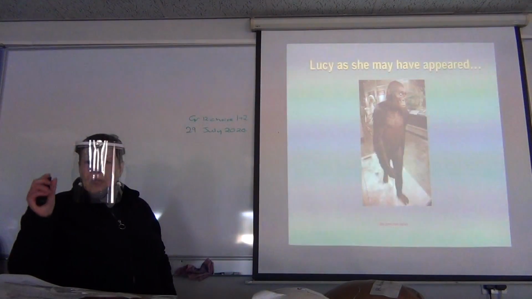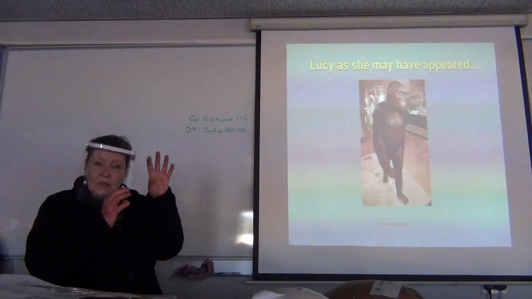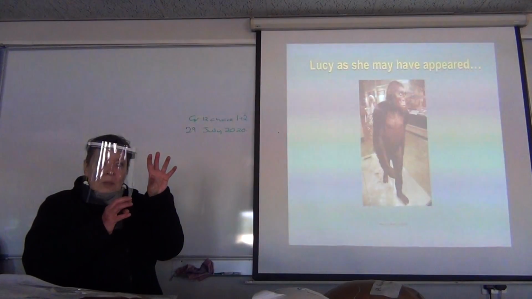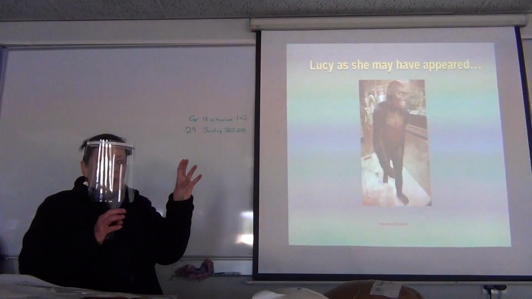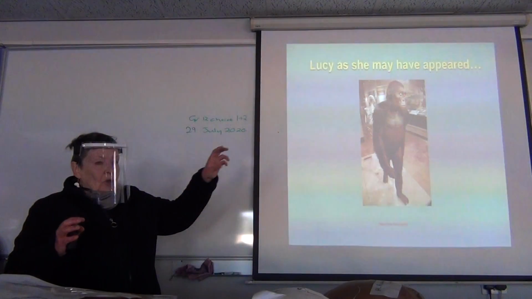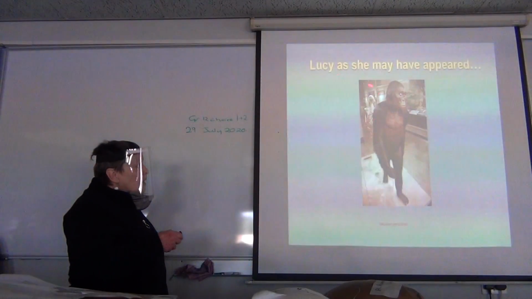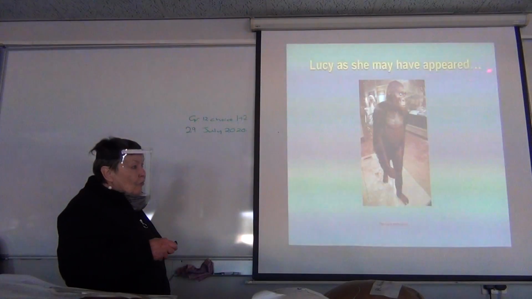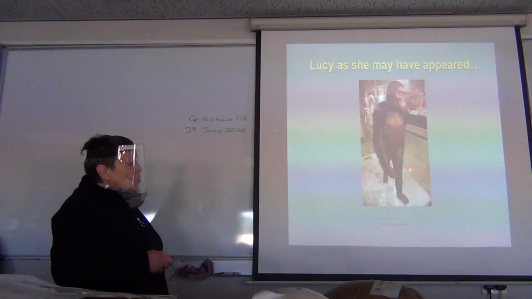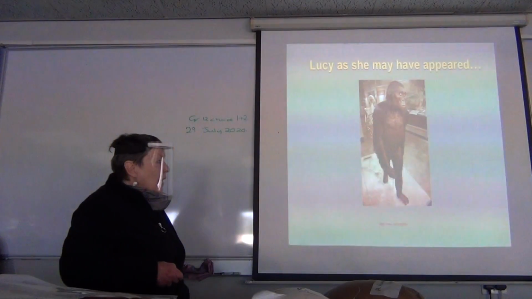Certain experts are able to produce a face that they reckon for that bone structure, this is what the face would probably have looked like. And that's what they have done. I'm going to show you a number of reconstructions. So this is what they feel that Lucy would have looked like.